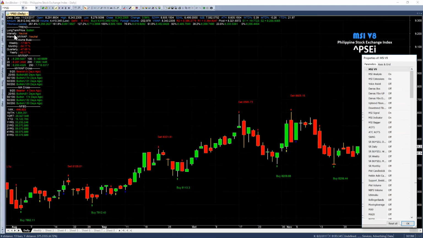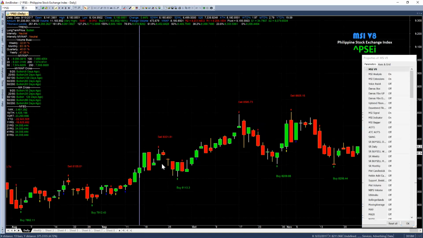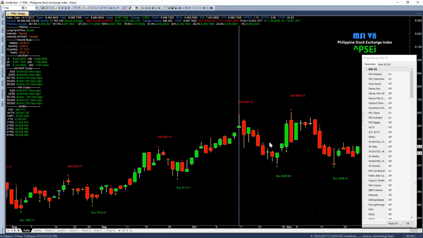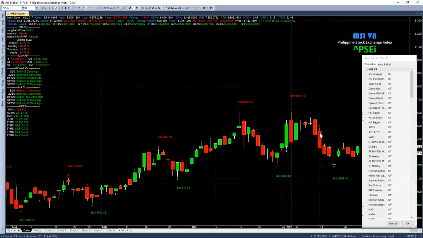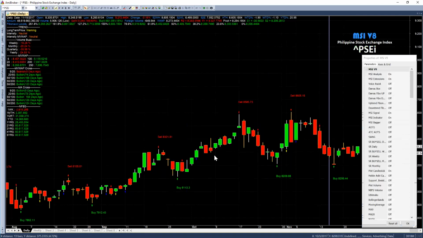So here you can see the long-term price. Nagbabago rin siya from bullish to bearish, depende sa trend ng stock. Bibigyan din kayo ng warning signal if it's approaching a downtrend.